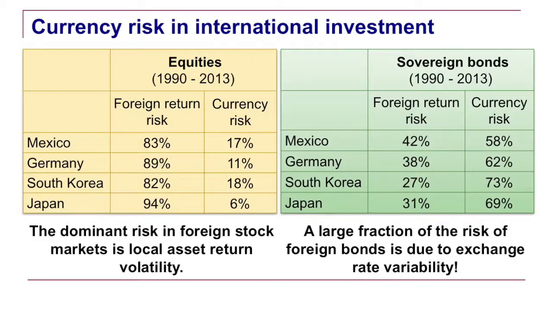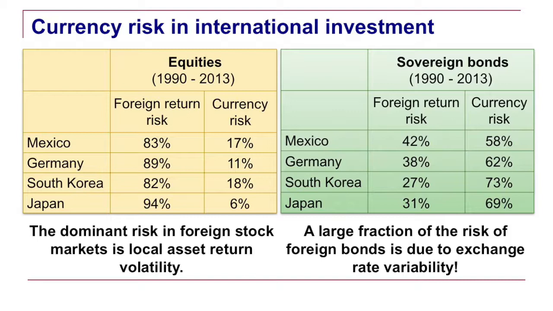Let's see now with some real data what the currency risk contribution to your portfolio is. And here we'll distinguish between equity and bonds, specifically sovereign bonds. What you see here is the first column shows you the foreign return risk, so the percentage of the risk that is due to the changes in foreign returns.